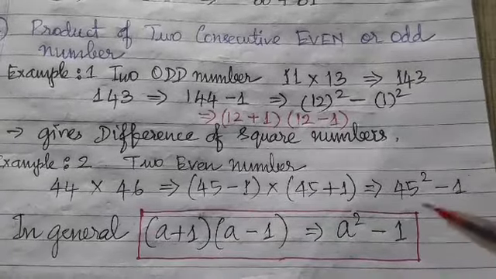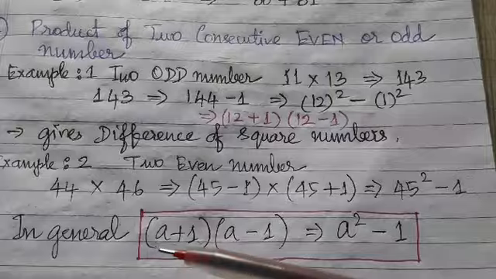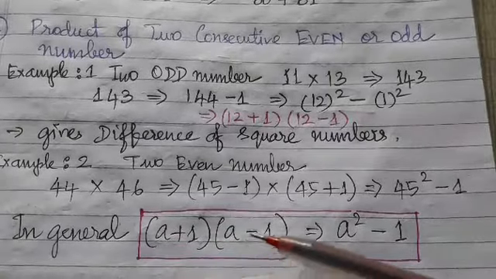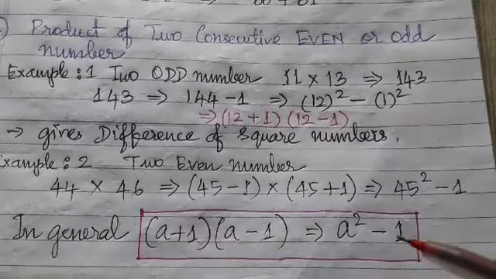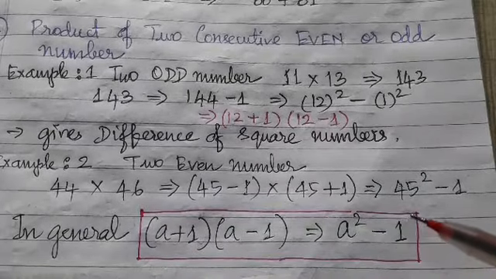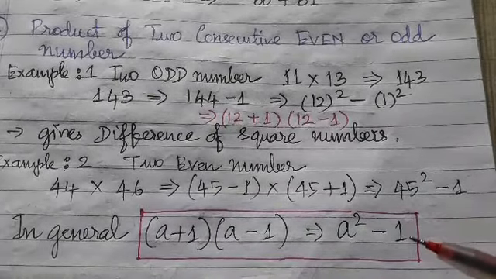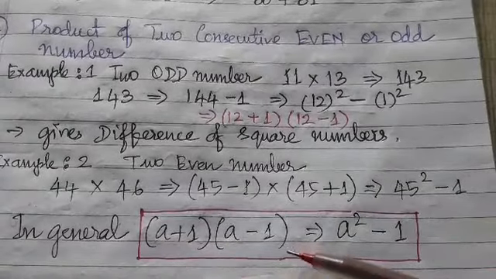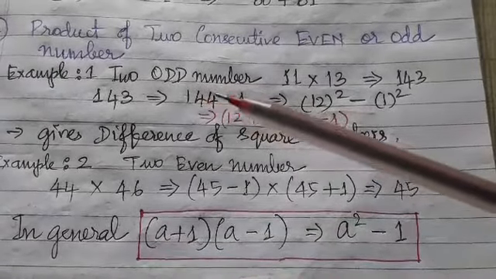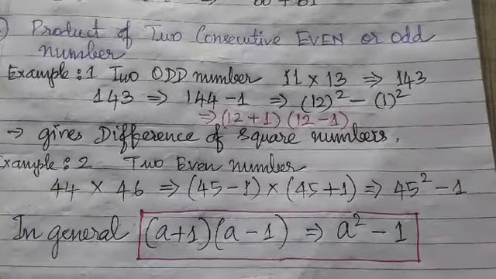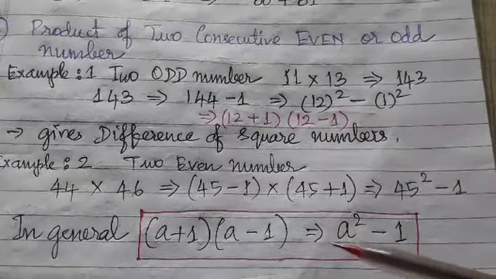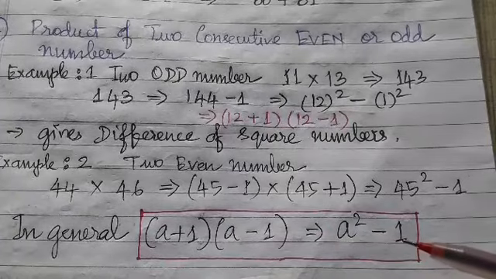In general, what we are writing is that if it is in the form of (a plus 1) times (a minus 1), it gives the difference of squares, a square minus 1 square. 1 square is written as 1. So this is the general form. The product of two consecutive even or odd numbers gives a difference of squares, a square minus 1 square.